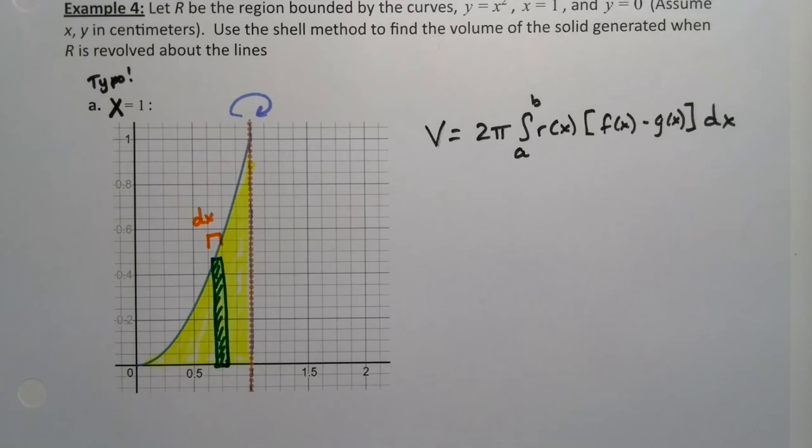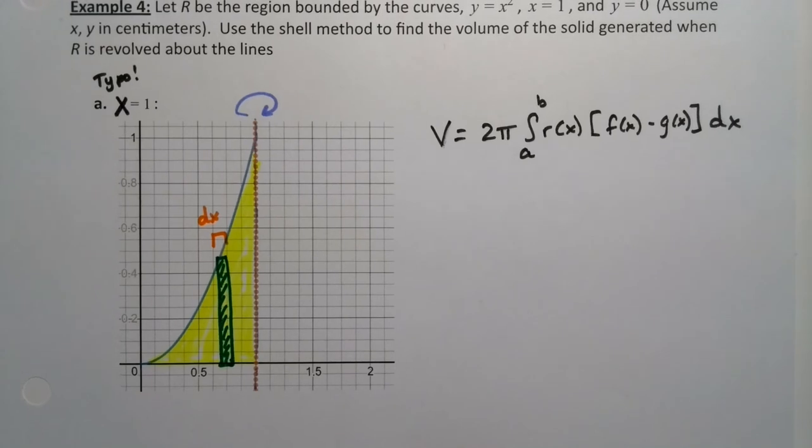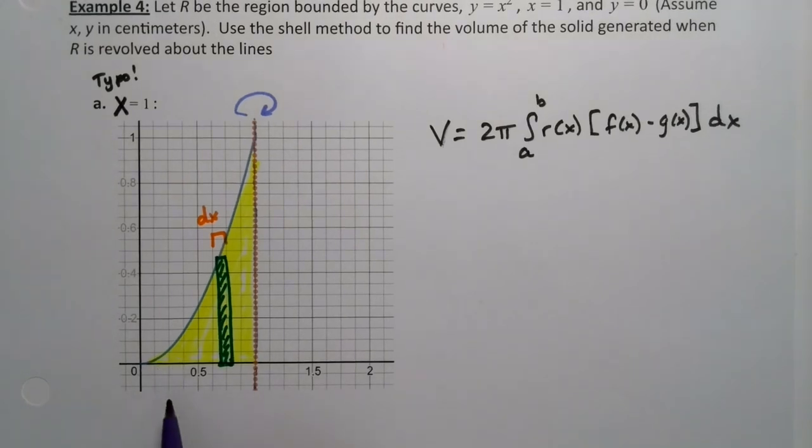Okay, so let's think about this. For the dx, I'm going to need a couple of things. I need the radius, and I need the outer and the inner. All right, so let's look at the radius for a second. Let's do the radius. This is the hardest part for this problem. Now remember that this distance from here to here is x.